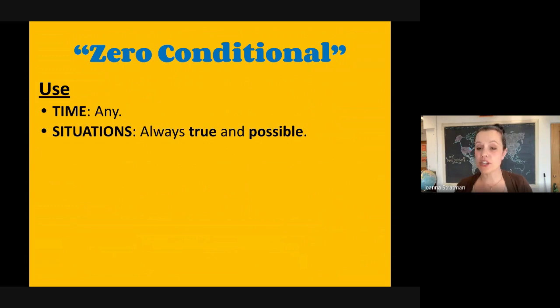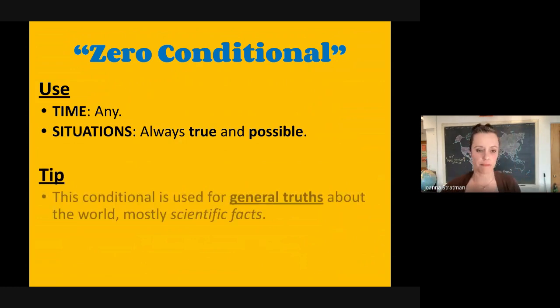The situations for this zero conditional are always true and possible. We are only talking about real situations that could happen with this conditional. Let's also look at some tips for using this conditional.